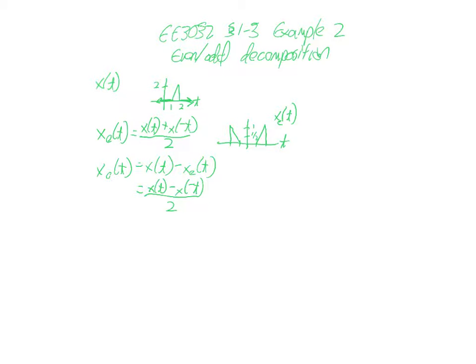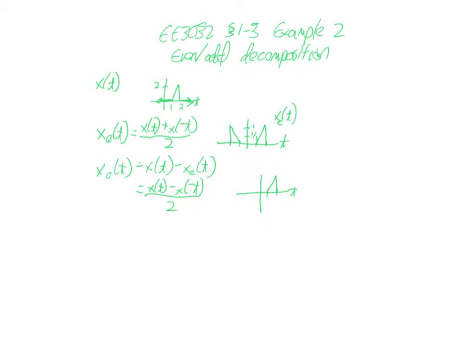So if I do that, let's draw this from this second definition here. It says you take x of t, okay, so x of t is on from 1 to 2 and spikes up like that. And then I subtract, so I have the negative values of the time mirrored version.